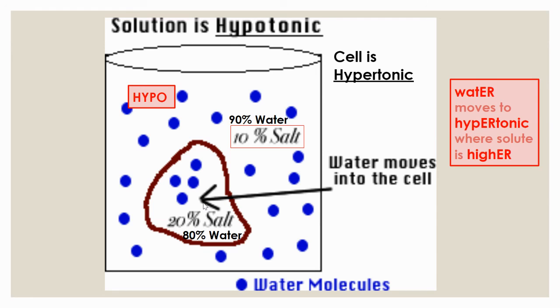And where it's higher, it's hypertonic. So we could label that hypertonic. Now, water in this case is going to move into the cell from the beaker because water always moves to hypertonic areas where the solute concentration is higher.